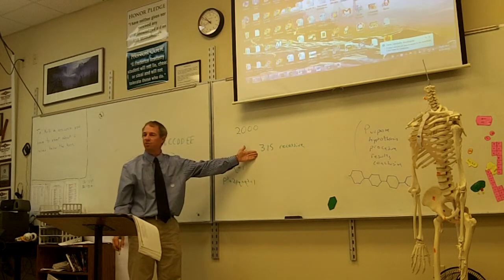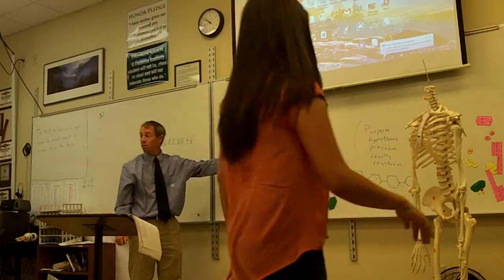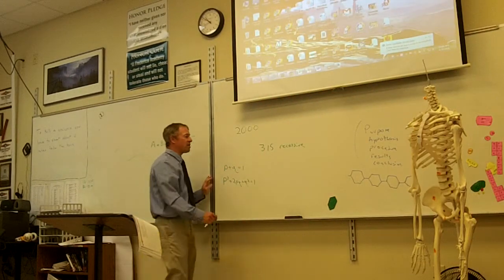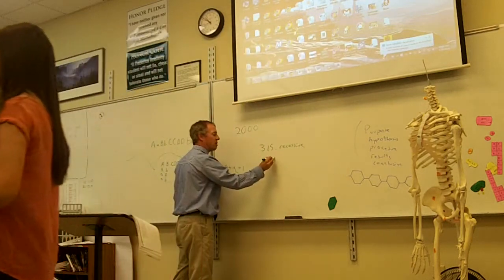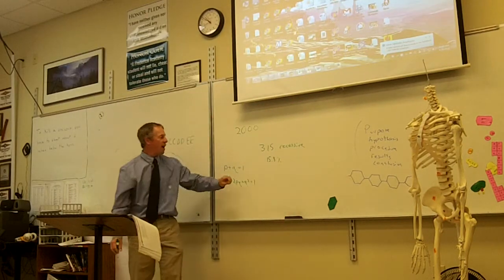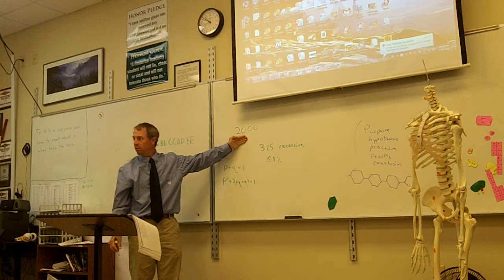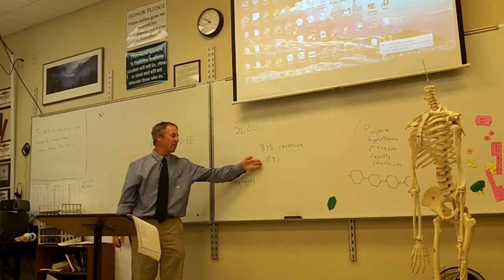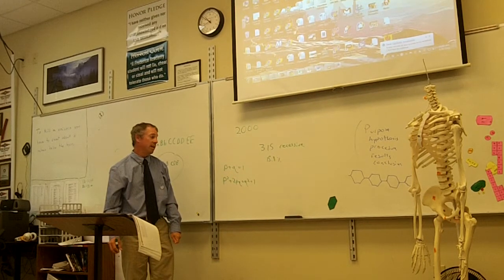So what percentage is the recessive phenotype? That's what we want to get to first. 15.75%? Let's call it 15.8%. How they got that was 315 out of 2,000. 315 divided by 2,000, times 100.